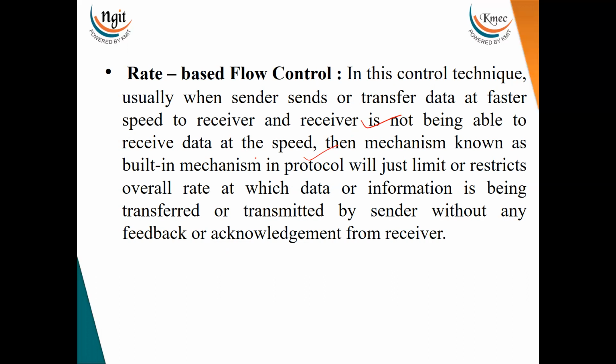That is called a built-in mechanism in the protocol, which will limit or restrict the overall rate. That means it is going to minimize the rate of the sender. For example, if the sender is sending 5 packets at a time, by using this built-in technique, the sender transmits the frames one after the other by taking some time space. This is called rate-based flow control.